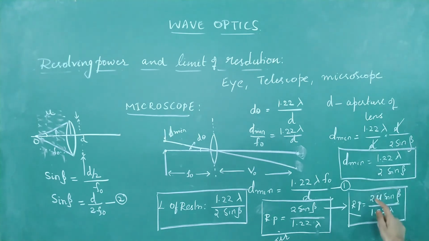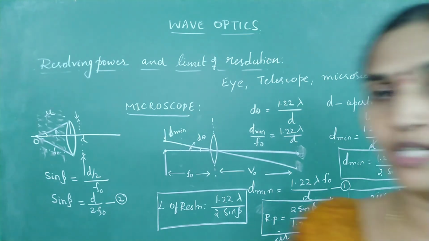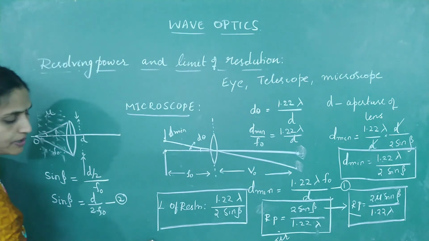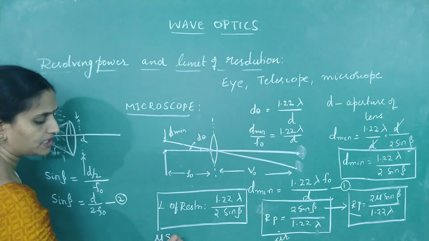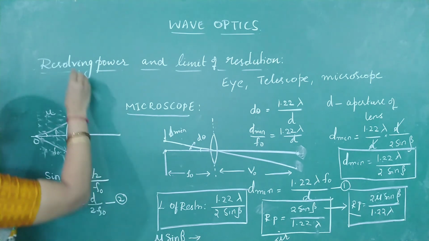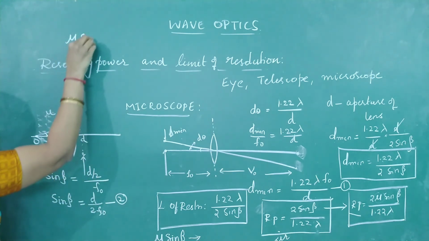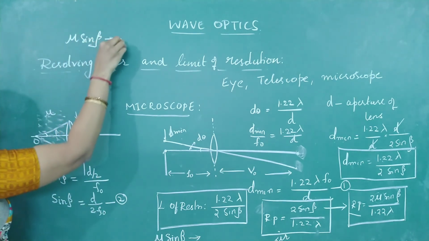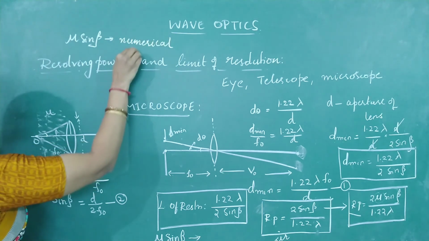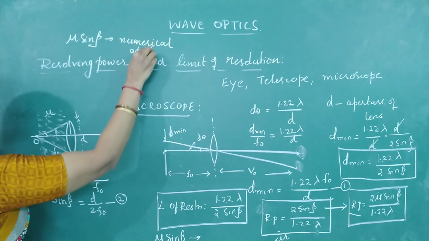And this term, mu into sin beta, is called numerical aperture. Sometimes they ask you, what is numerical aperture? Mu sin beta is given a name, numerical aperture.